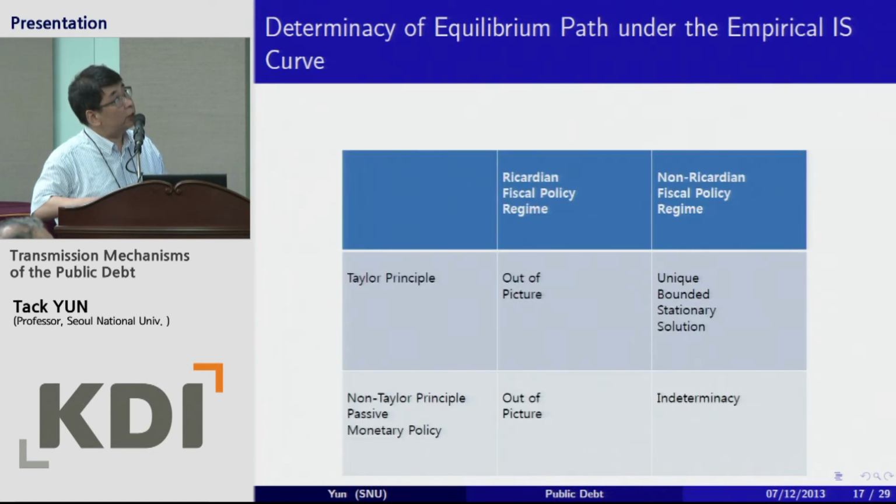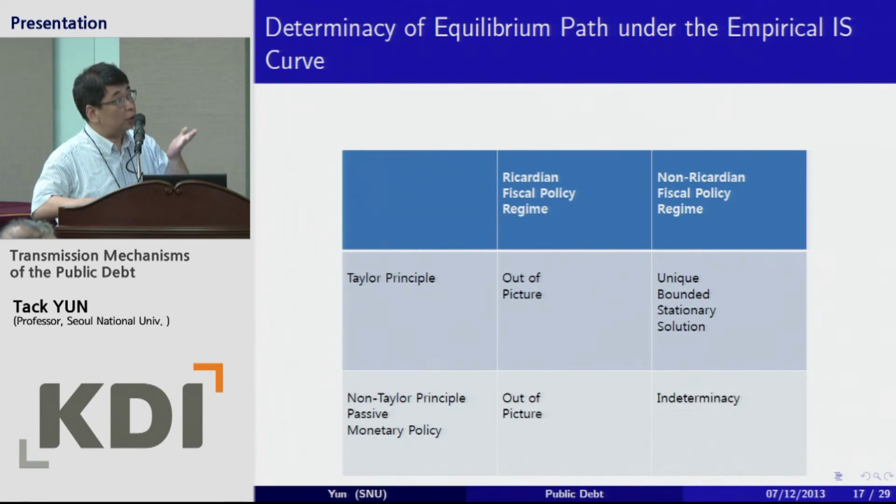So what is the result here? I will summarize the result. In the case of the IS curve with negative public debt, in order to have the unique bounded stationary path, we need a Taylor principle-type condition for monetary policy, and in the case of fiscal policy, we need a non-Ricardian fiscal policy regime.